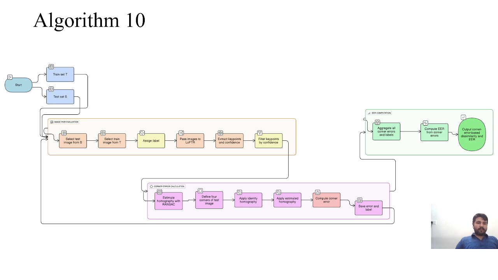In algorithm 10, I use the same LoFTR module to extract the keypoints, filter the confidence, but instead of directly computing the dissimilarity or training the model, I estimate the homography with the RANSAC algorithm and define the corners of the test images.